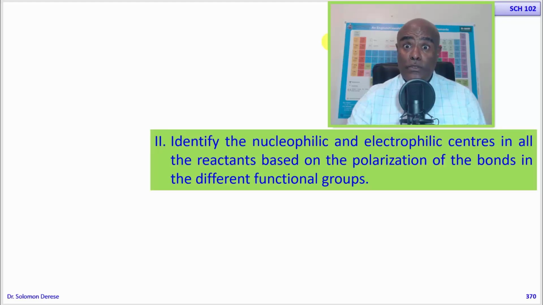In order to do that, we have to determine the polarization patterns of the different functional groups in 4-aminophenol and acetic anhydride. So the next step is to identify the nucleophilic and electrophilic centers in the reactants based on the polarization pattern of the different bonds, the functional groups in 4-aminophenol and acetic anhydride.